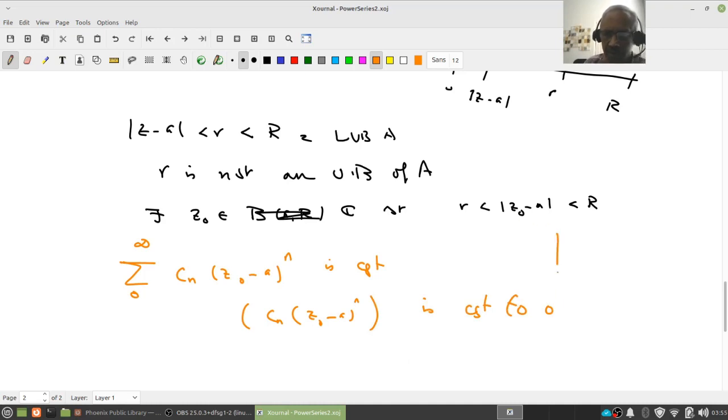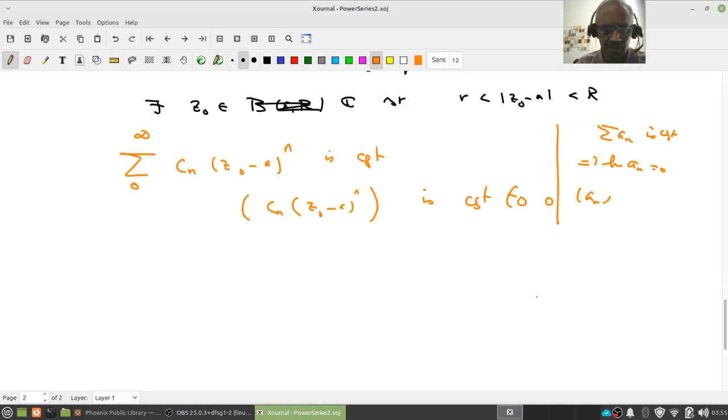Remember this, I already said that summation an is convergent implies limit an is 0. That means look at the sequence an, this is a convergent sequence, and where does it converge? It has to converge to 0, right? Keep that in mind.